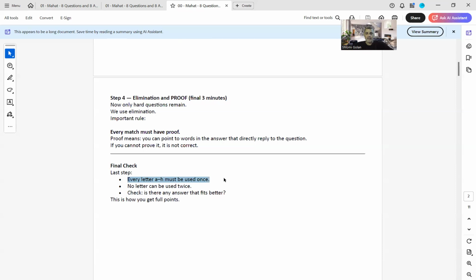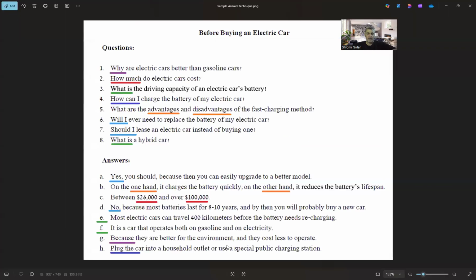Okay? And then finally, what you must make sure is that every letter is used. Okay? Every letter is used. There's no such thing as using an answer twice. Each question has one specific letter that is being used. Okay? We cannot use it twice, and you always want to make sure that the answer fits the best. So if I just take one example, we have 2 questions that are what is.